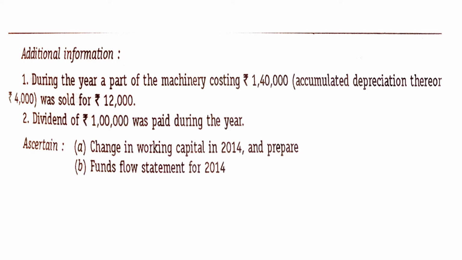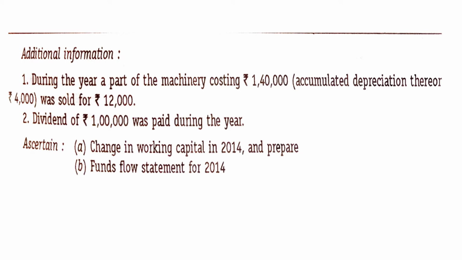See the additional information. During the year, a part of the machinery costing 1,40,000 was sold for 12,000 rupees. In this transaction, there is a loss on sale of machinery, and also depreciation on machinery sold has to be taken into consideration.